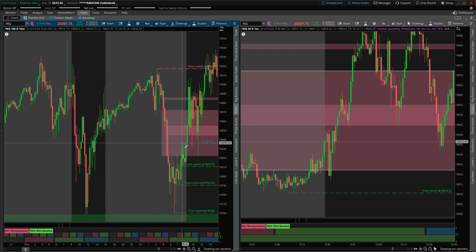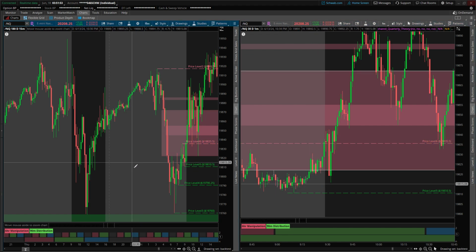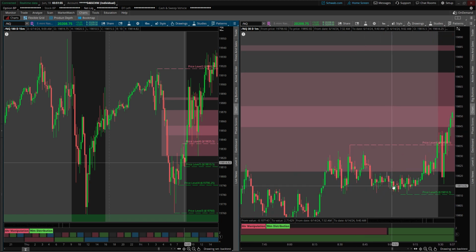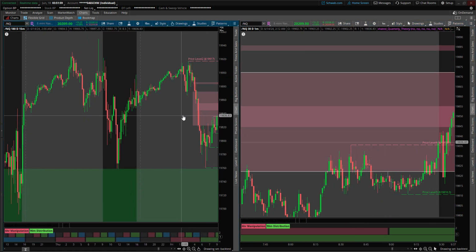Alright, we also had this rectangle, this minor buy side right here. Alright. Sorry, so we basically have our areas marked out.